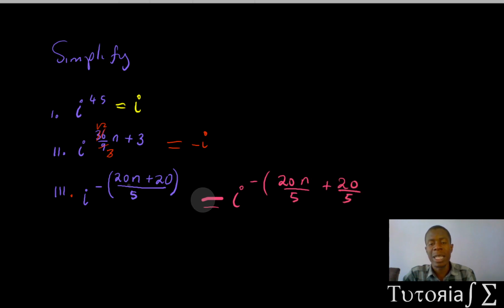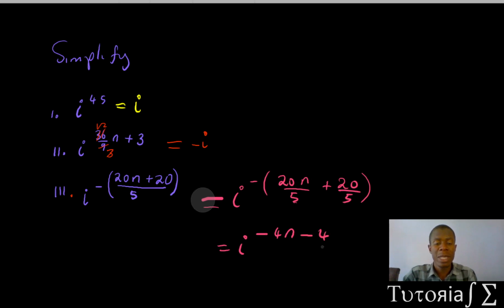Then we simplify: 5 into 20 is 4, so this will be -4n, and 5 into 20 is 4, times the negative here, so that will be -4.